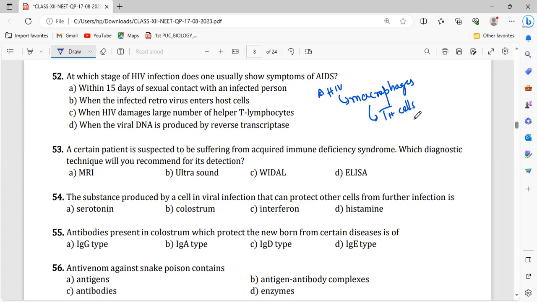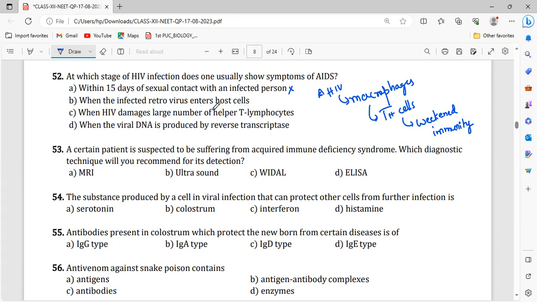So the T helper cell population also reduces, and this results in weakened immunity. So when this immunity is weakened, then the body shows all the symptoms. Right. So if we see one by one, within 15 days of sexual contact? After infection it may take some 15 days to many months. We cannot say only these many days. It depends on the person.